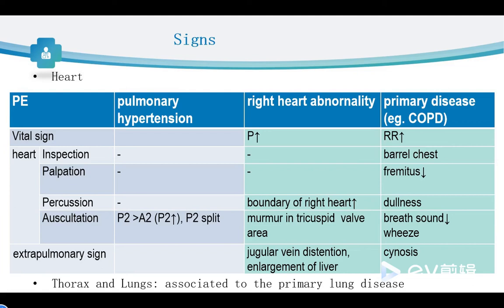The signs can also be divided into two groups. The first one is the physical examination of the heart, and the positive signs are caused by pulmonary hypertension and right heart abnormalities.